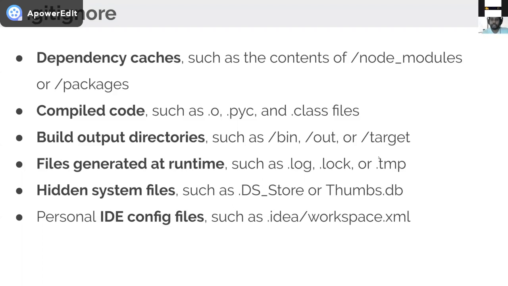So in order to ignore the non-source code folders and files, you can use this .gitignore file, in which you can actually mention the stuff that you want to ignore, which are not part of your project. So that is about .gitignore.